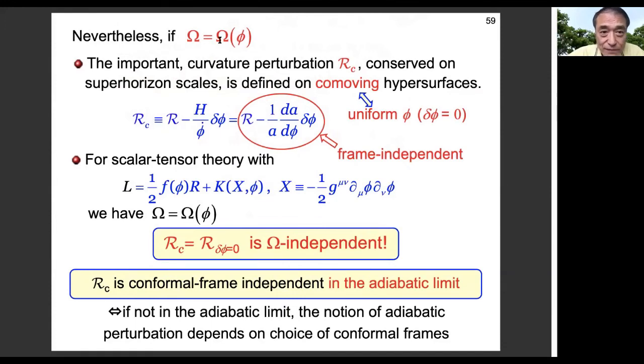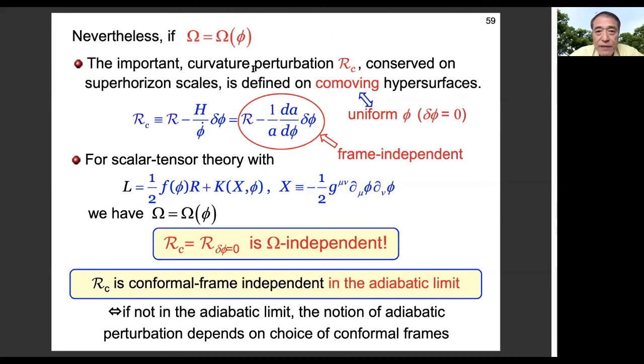But the important point here is the so-called adiabatic limit. If you assume our universe is dominated by some scalar field, and the scalar field is the source of all this curvature perturbation, which defines this conformal frame and conformal transformation, then essentially you have a single scalar field system.